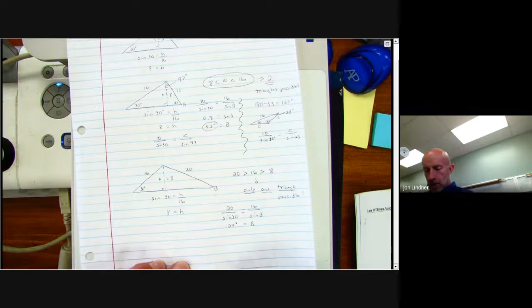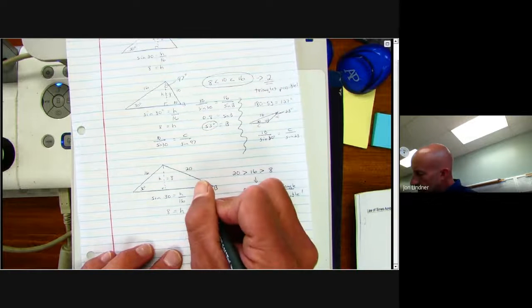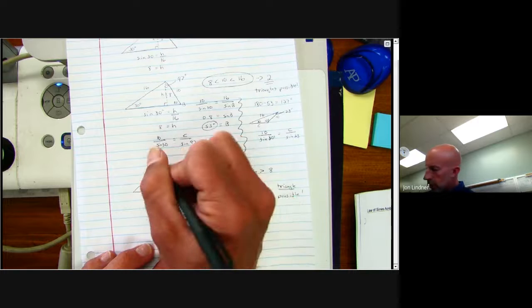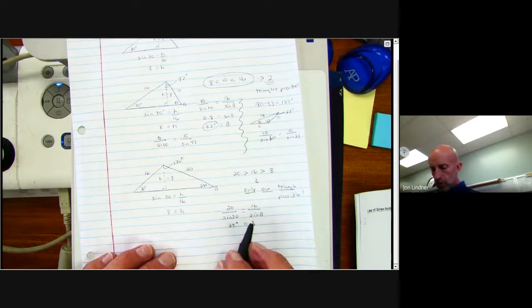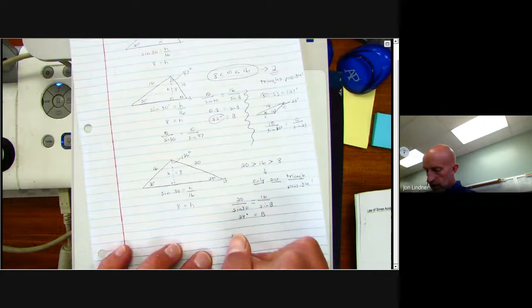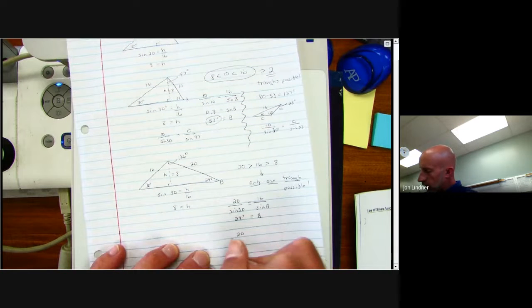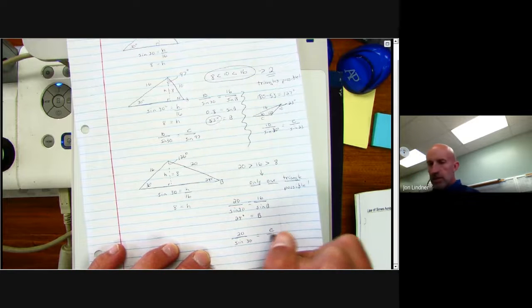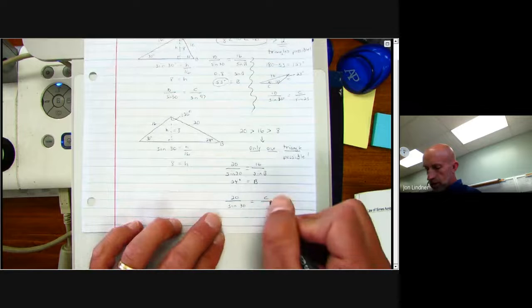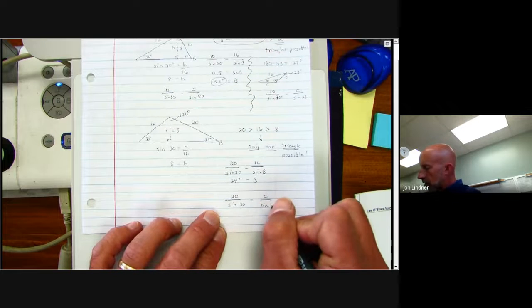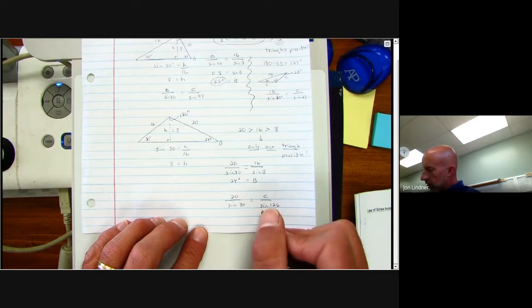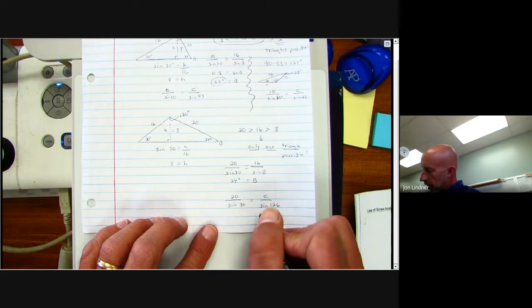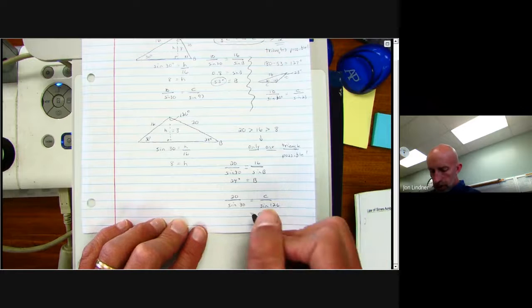And so this is 24, which means this is 126 degrees. Now I could find side C by doing 20 is to the sine of 30, as side C is to the sine of 126.